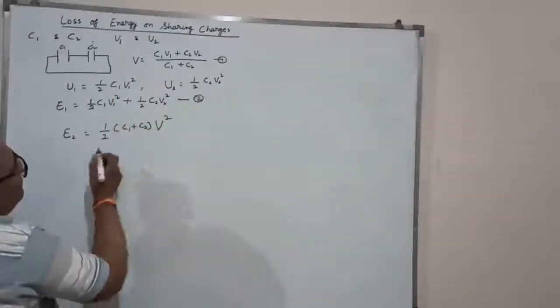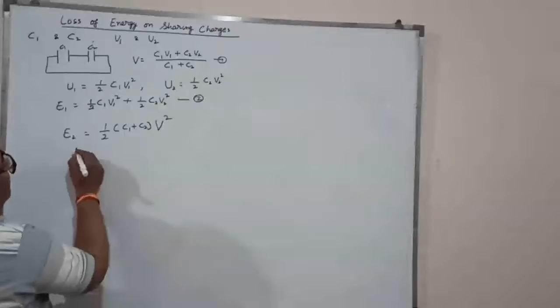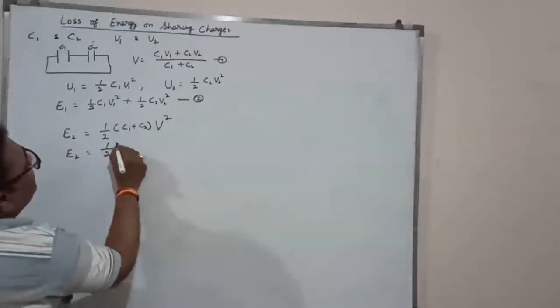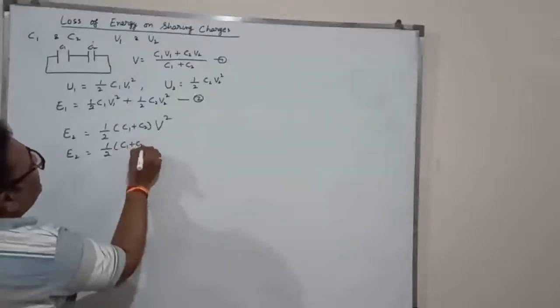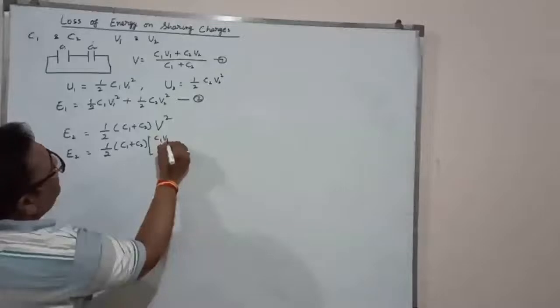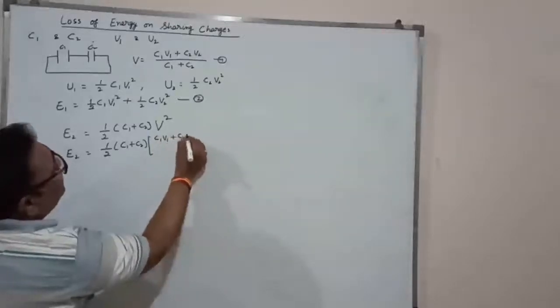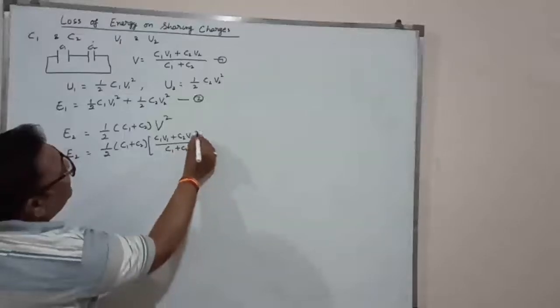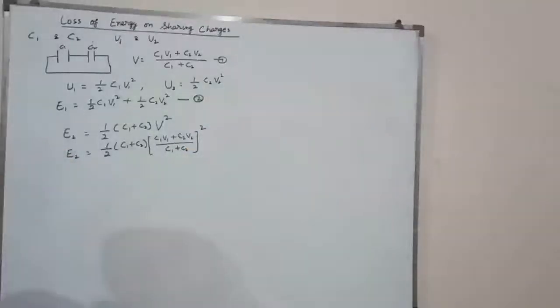From equation 1, E2 is equal to half (C1 + C2) times ((C1 V1 + C2 V2) upon (C1 + C2)) whole square.